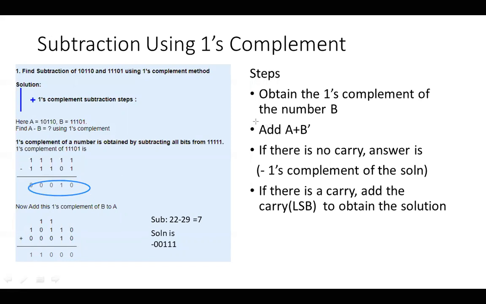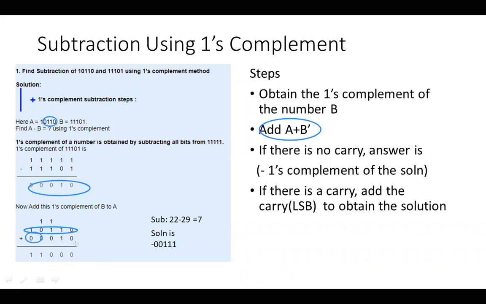Now the second step, add A plus B bar. Why have I written B bar? It means I've taken the ones complement. So what is A? A is 10110, which I have over here. And what is B bar? B bar is 00010.